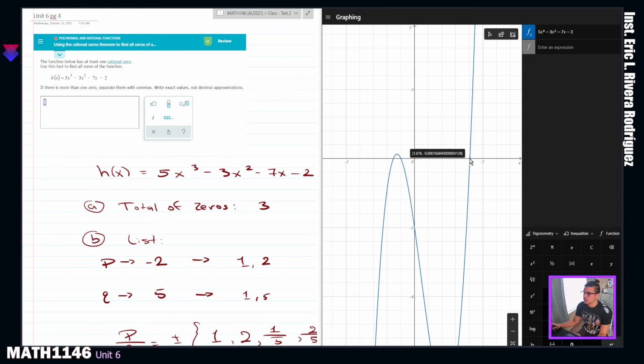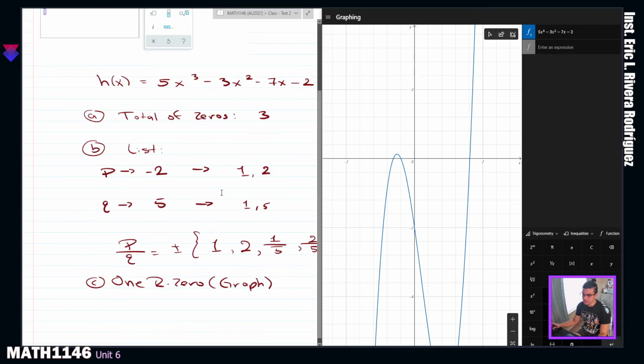Okay, so if I wrote it correctly, this one has 3 real zeros. I think that we are seeing here 0.6. Let me find the decimal.